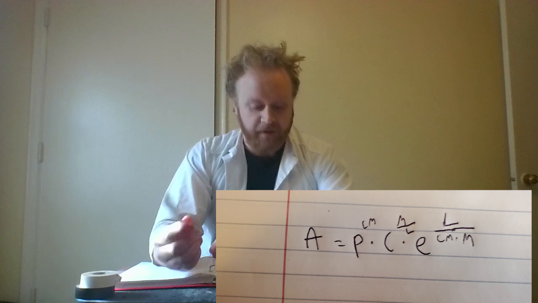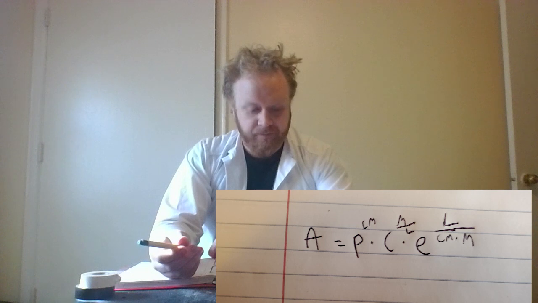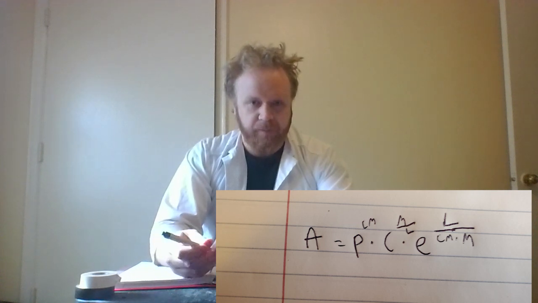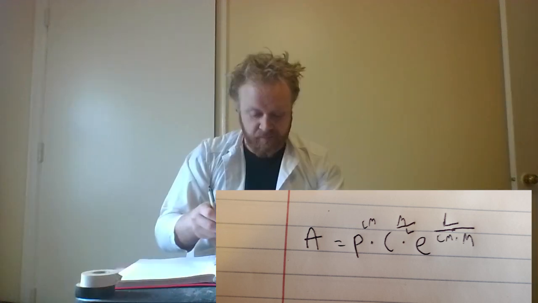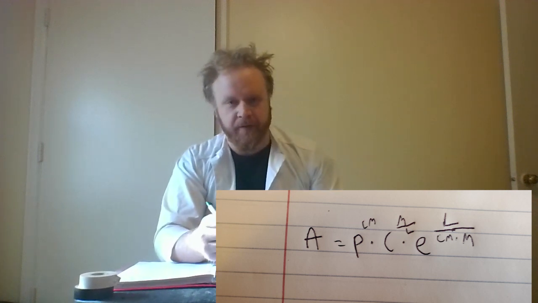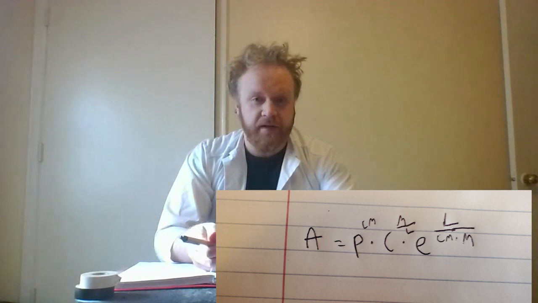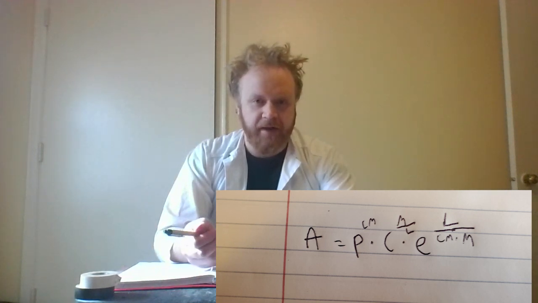Therefore, its units must cancel out path length and concentration to give you absorbance. In this case, you can see here we have liters over centimeters times moles. It's nonsense, but it's what has to happen for it to be a constant to work.